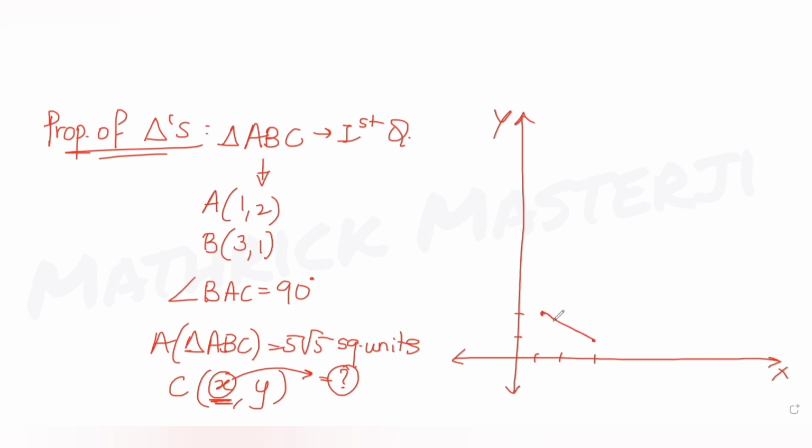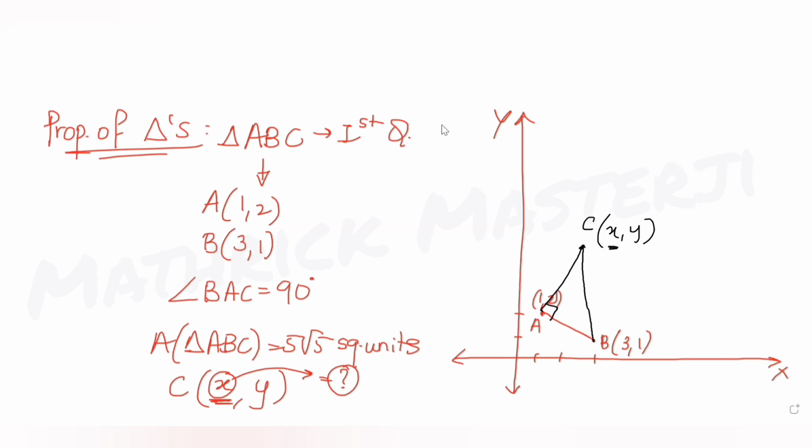This is A and this is B. Further it is also told to me that angle BAC is 90 degrees. So let's say somewhere this point C, and this becomes 90 degrees. So angle BAC is 90 degrees. This is a right angle triangle and we have to find the abscissa or the x coordinate of the point C. That is the question asked to me.